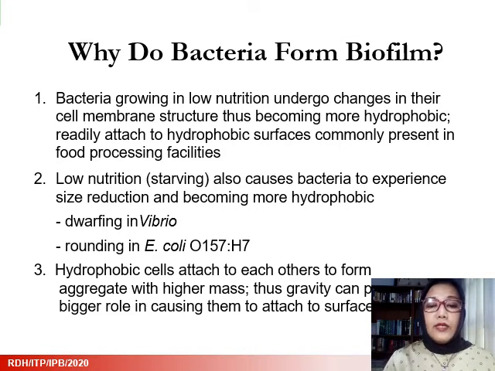Secondly, low nutrition also causes bacteria to experience size reduction and also become more hydrophobic. You can see this phenomenon in dwarfing in Vibrio and rounding in E. coli O157:H7. When the cells become hydrophobic, they also attach to each other, forming aggregates with a higher mass. Thus, gravity can play a bigger role, causing them to attach to surfaces.